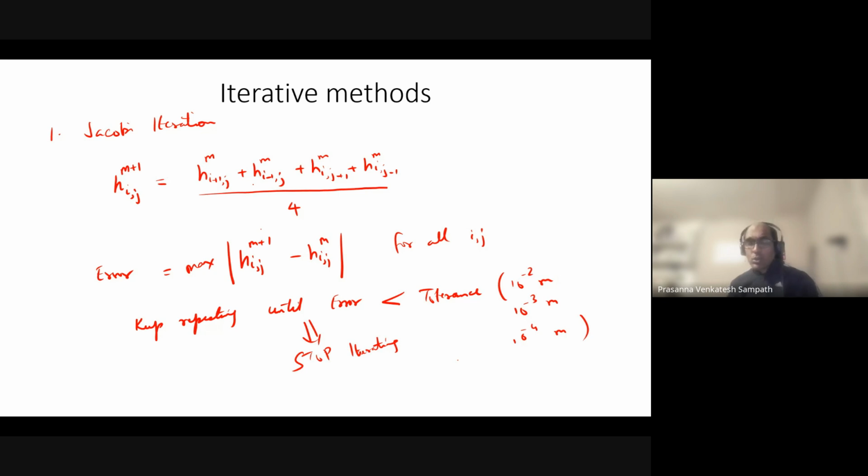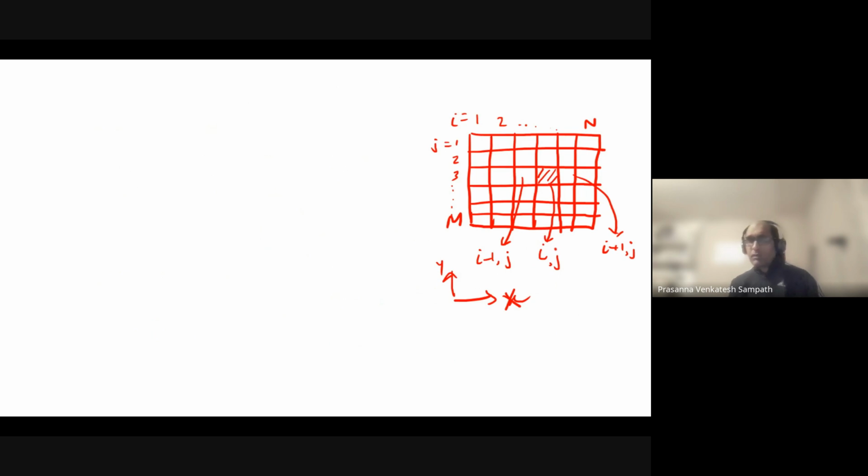I think we don't have too much time after this, so the next method is called the Gauss-Seidel method. Maybe I'll just give you a reference to that: the Gauss-Seidel iteration. It is a little bit more sophisticated than the Jacobi iteration method. You can even look up online how the Jacobi iteration method is different from the Gauss-Seidel method.